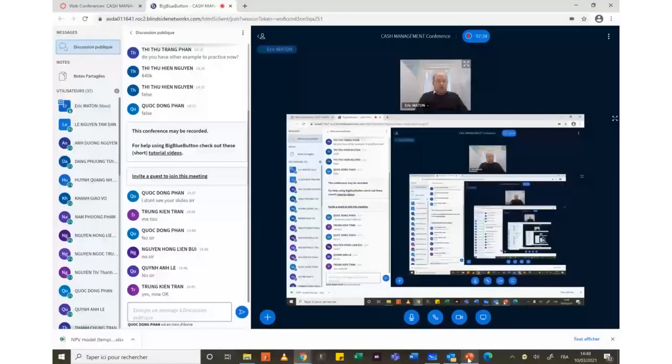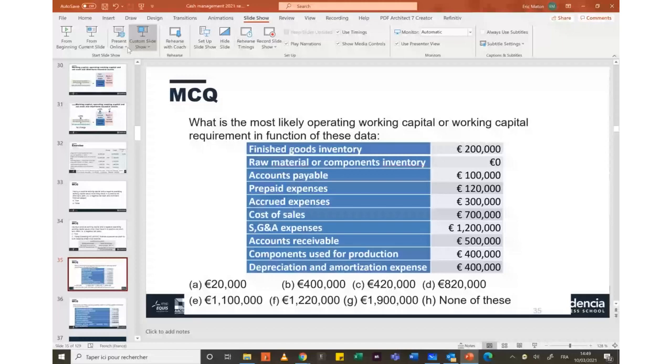Sorry. So what is the operating working capital or working capital requirement in this situation?